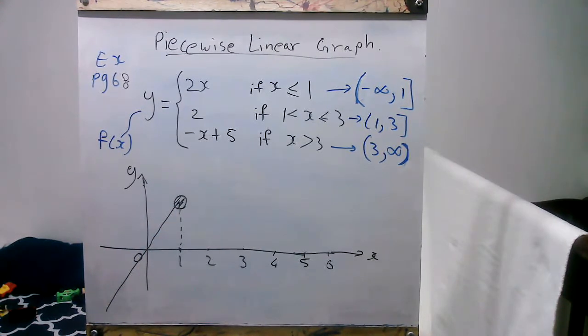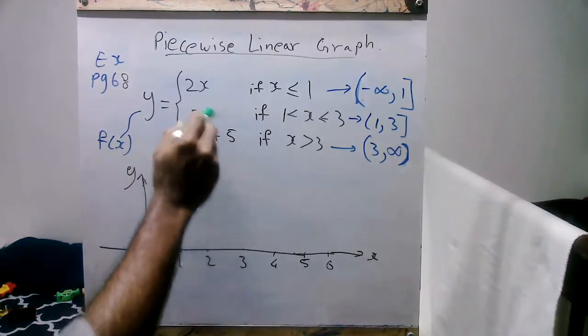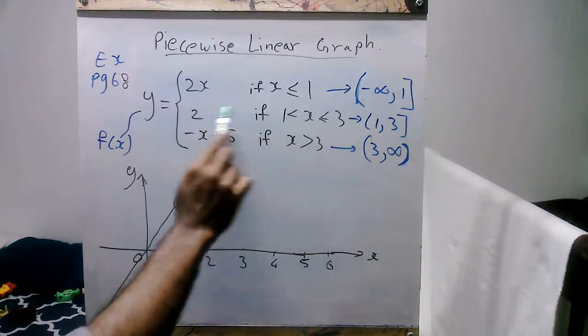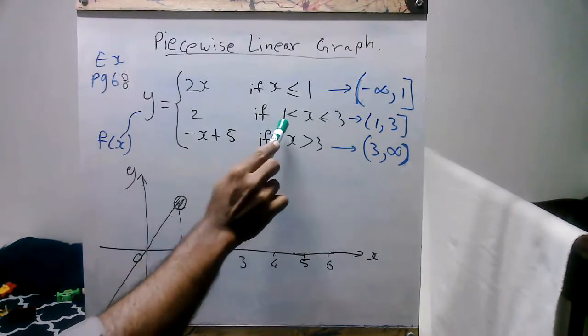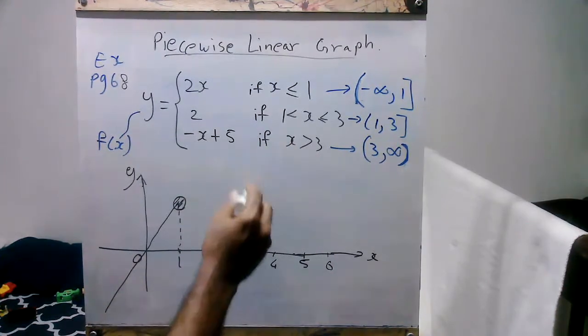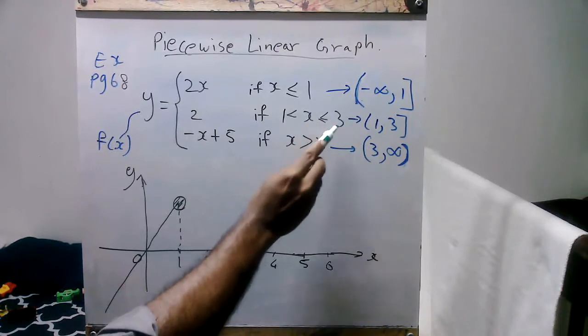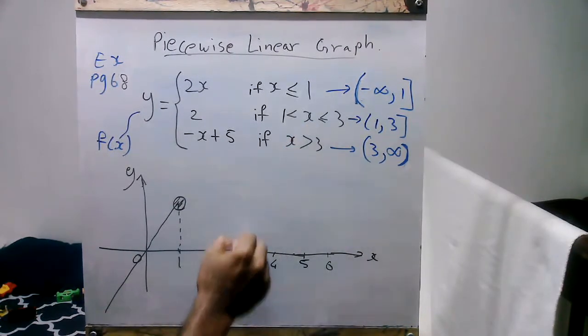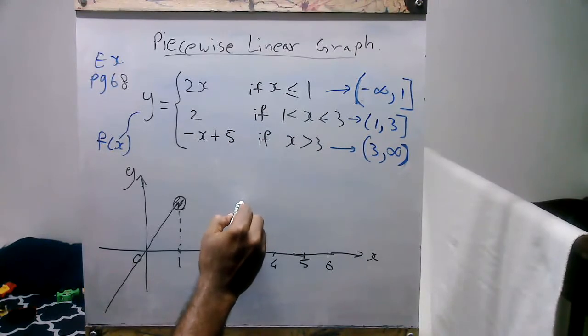One, 2, 3. It behaves like this. When doing this, be careful. This does not depend on x. Whatever the value, it stays 2. So it goes up to 3. Point 3 is included. Even when x equals 3, the value is the same, it is 2.